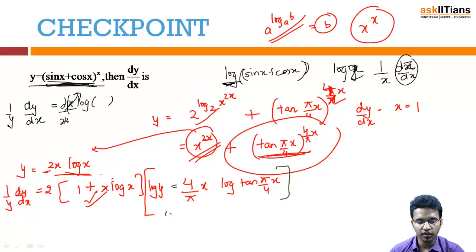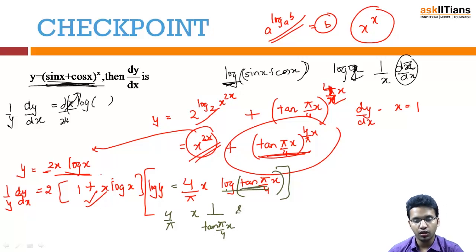Now if I differentiate this, 4 by pi I can keep outside, and x I can keep as it is because the other one will be quite easy. Now for this one, first I'll differentiate log, where the input is tan(pi by 4x), so this is 1 upon tan(pi by 4x). Now for tan, it is secant square of pi by 4x.